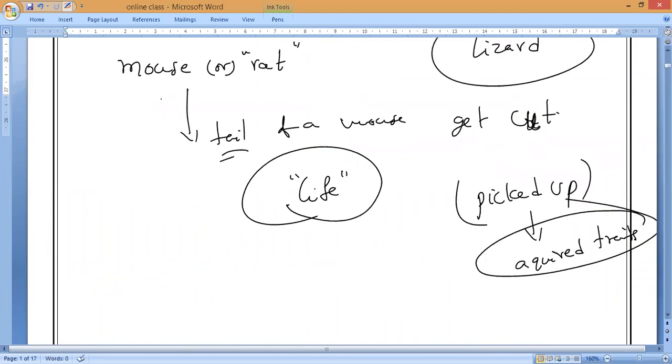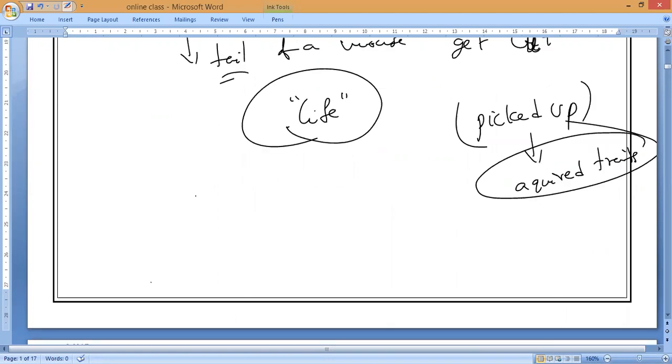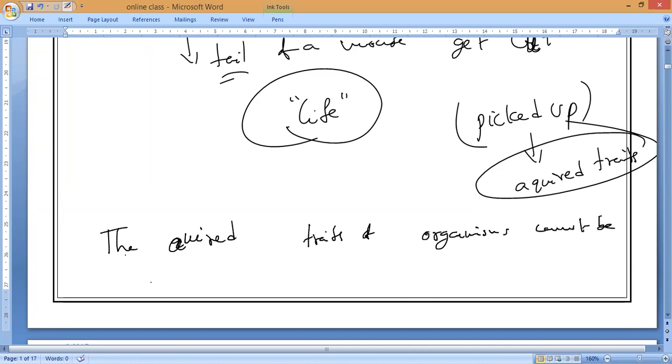The acquired traits of an organism cannot be passed on to their future generations.